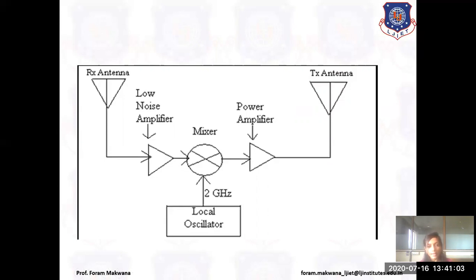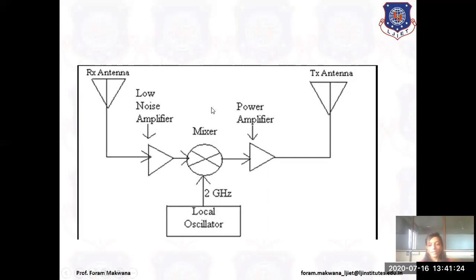If it is done a single time, then it is called single conversion, and if it is done two times, then it is called double conversion. All right, over here the frequency conversion is done only a single time. That's why it is called a single conversion transponder, right?